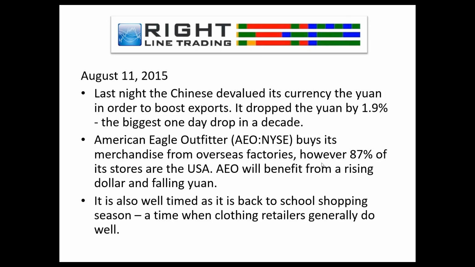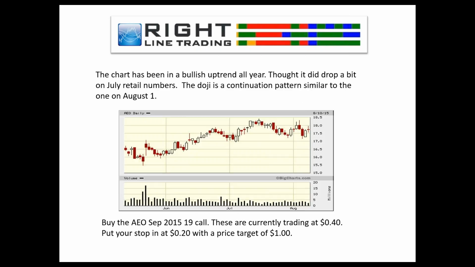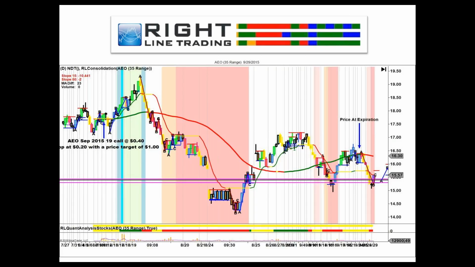They sold in the United States, but they manufactured overseas. So the thesis was the devaluation of the yuan would take American Eagle Outfitters up strong. Now here was the very primitive analysis done. Here was our analysis of American Eagle Outfitters.